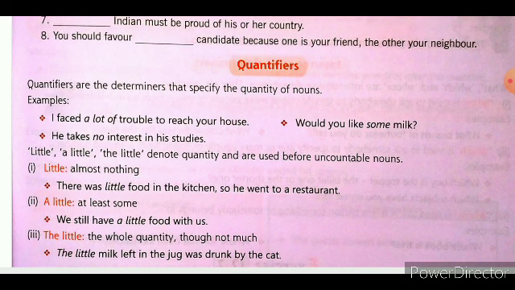Little means approximately nothing, a very small amount. A little means a very small amount, which you can also consider as some. And what is the meaning of the little? The little means the quantity is very small, but whatever the quantity is, we are talking about the whole quantity.